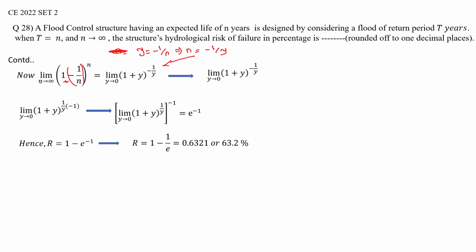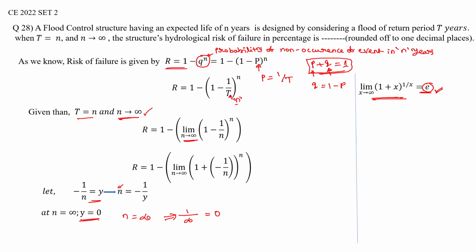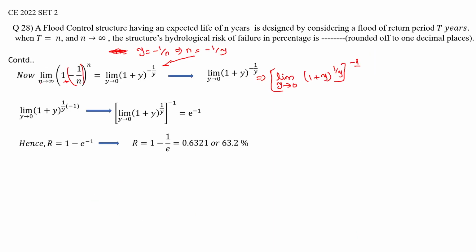This minus we can take out. Maybe I made a mistake here: this is 0, not infinity. So now limit y tends to 0, 1 plus y whole power 1 by y. We can write it in this format.